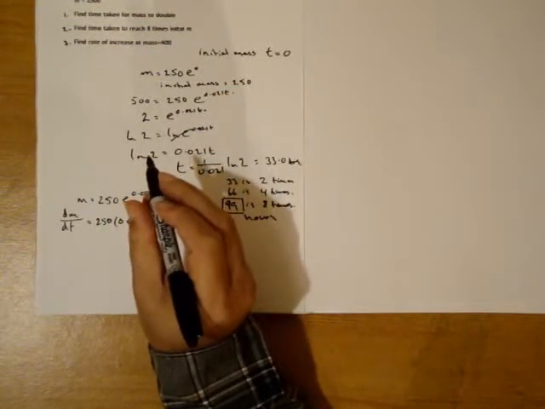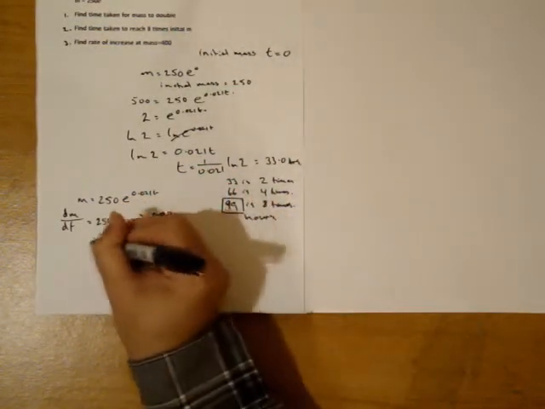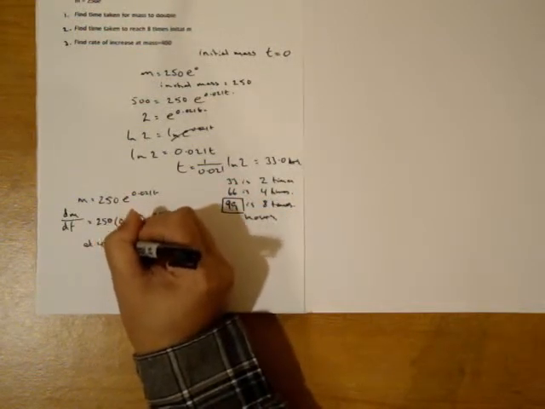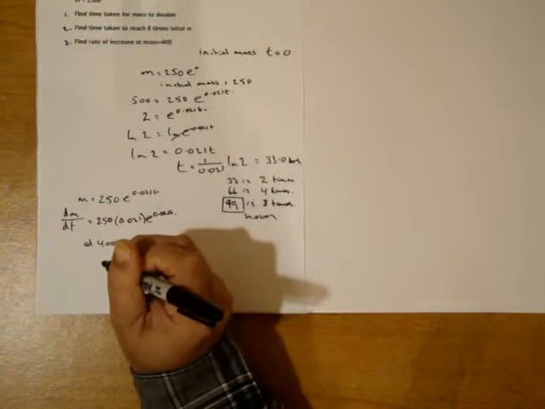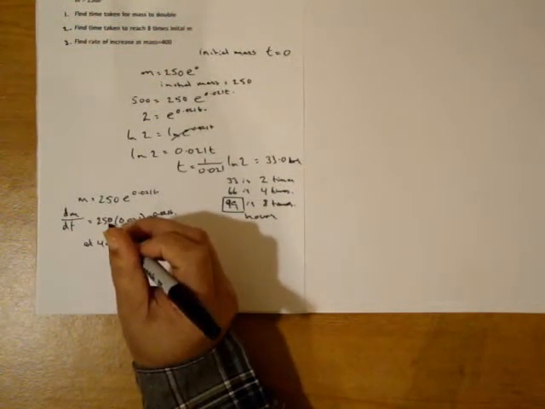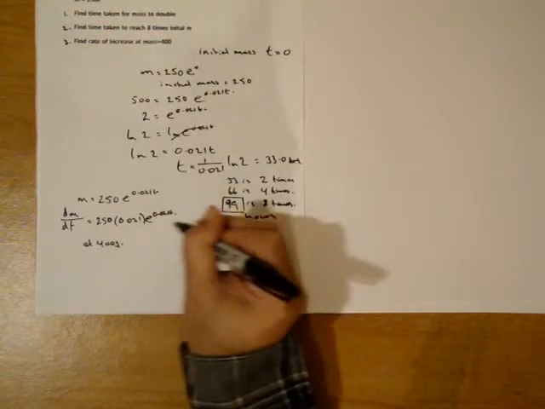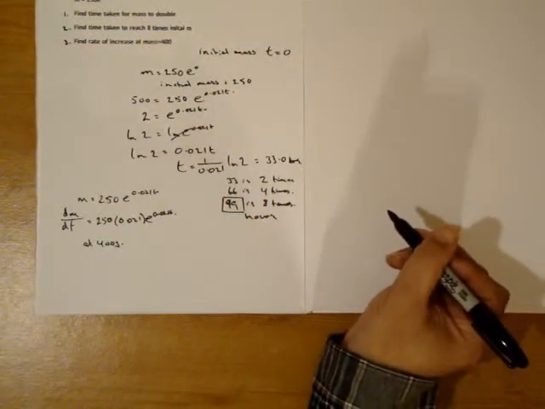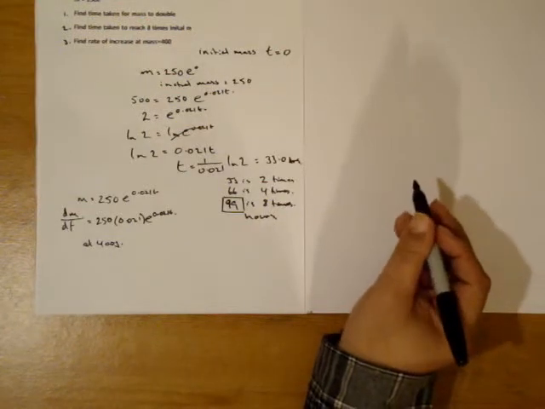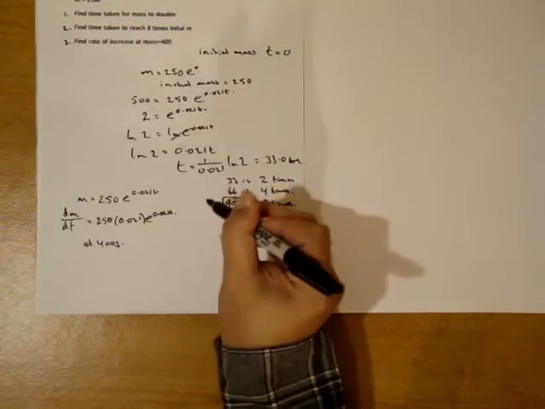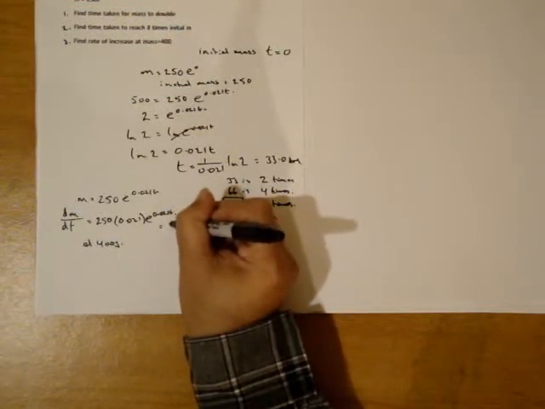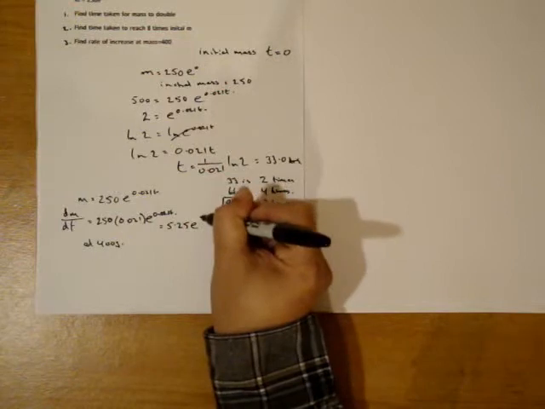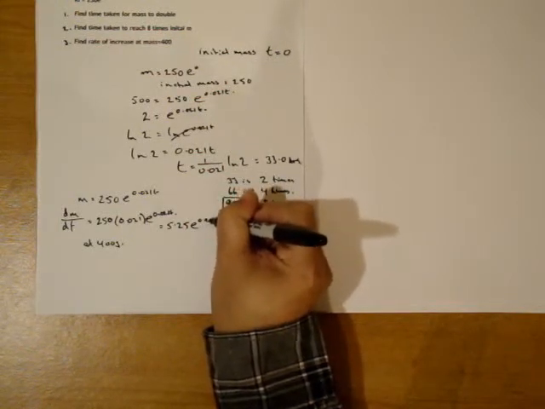At 400 grams, we want to know what t is. So this works out as 5.25 e to the 0.021t.